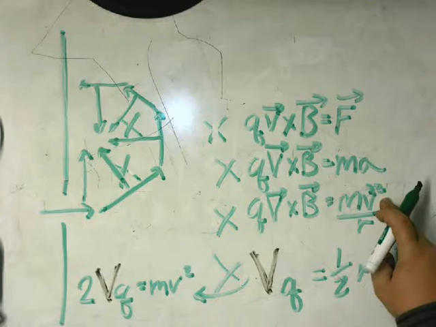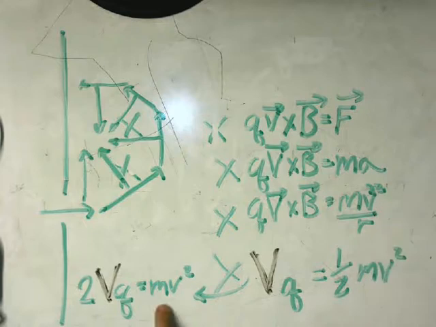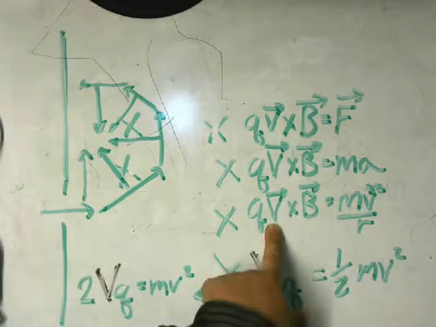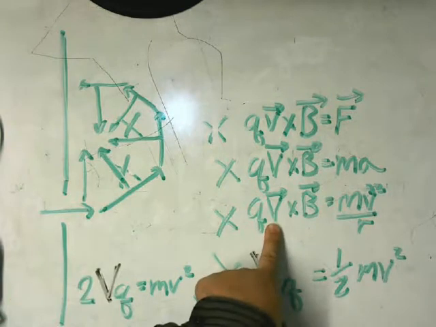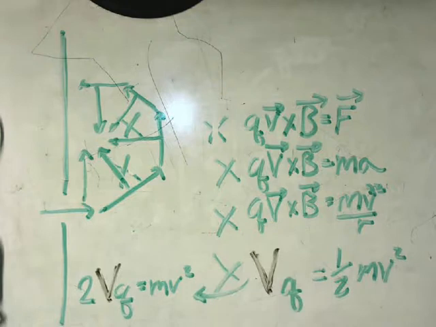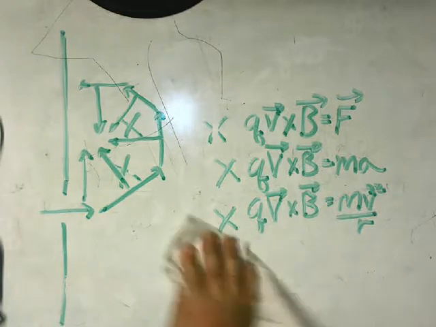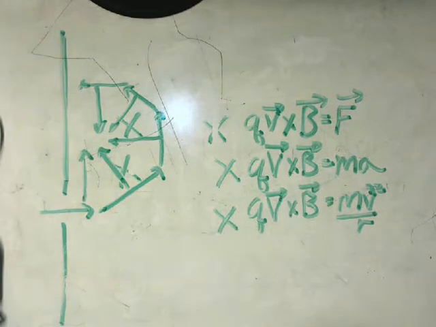Taking the mass and moving it over to the other side and taking the square root of it, like we did in step 2, can go into here. Okay, so we end up getting what looks like this. The charge is still there.